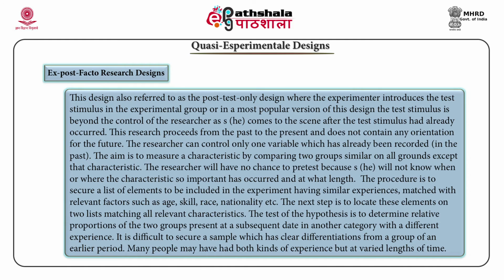This research proceeds from the past to the present and does not contain any orientation for the future. The researcher can control only one variable which has already been recorded in the past. The aim is to measure a characteristic by comparing two groups similar on all grounds except that characteristic. The researcher will have no chance to pre-test.